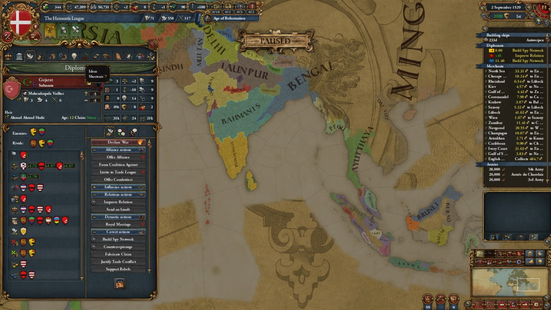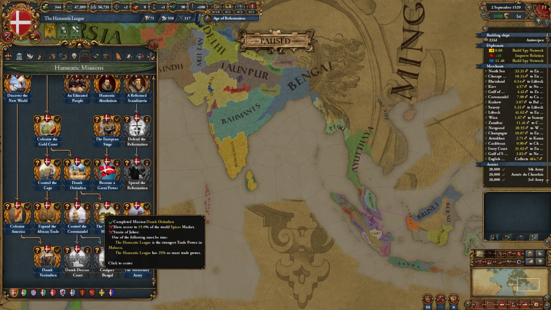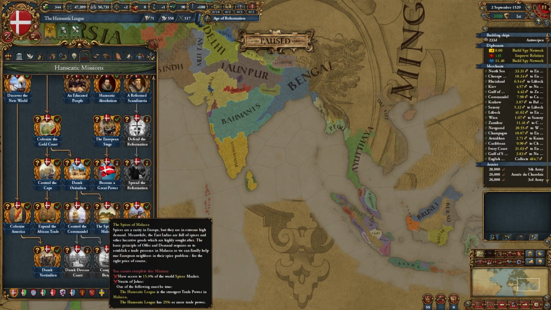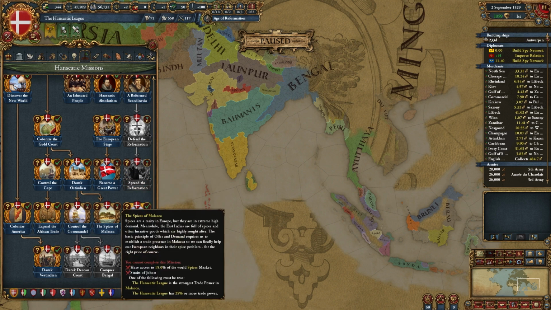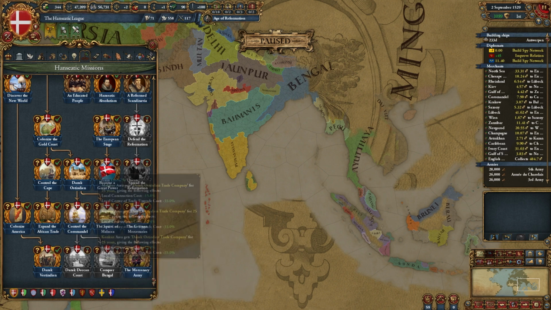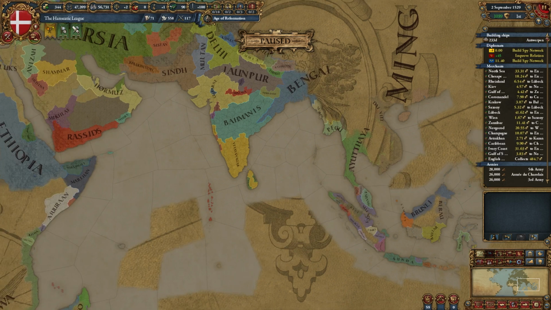Denmark also gets missions for that, as you can see over here. If you control that, you get a lot of permanent claims, and a lot of nice stuff in Indonesia, colonies and money and so on. So that's the plan for this region.